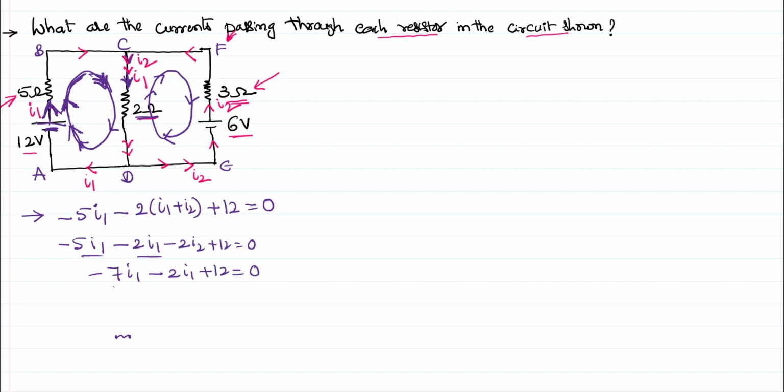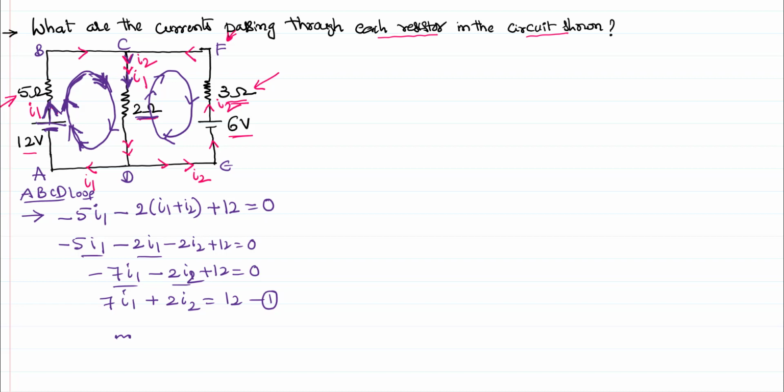Therefore, taking these terms to the other side, 7I1 plus 2I2 equal to 12 is one equation. 7I1 plus 2I2 equal to 12. We have applied this for the loop ABCD.